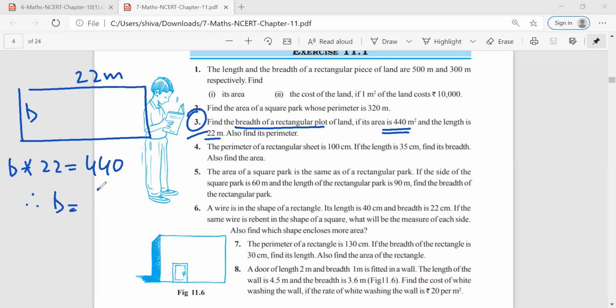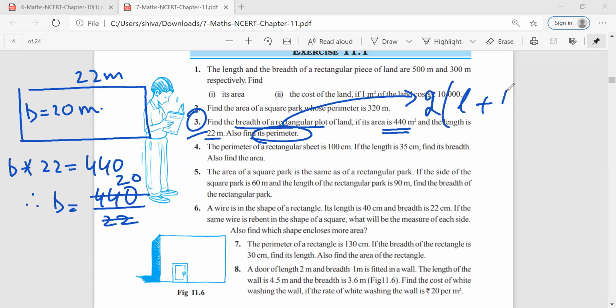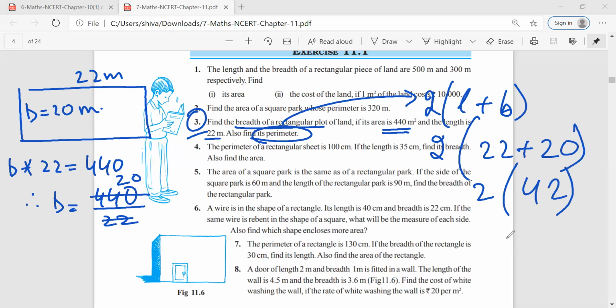Therefore, B is equal to 440 by 22, which is 20 meter. We need to find the perimeter. Perimeter would be twice of L plus B. Twice of 22 plus 20. Any doubt? No, sir.